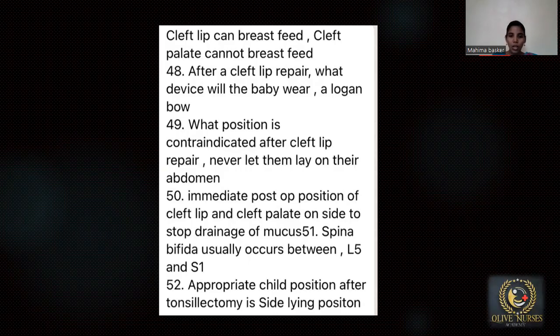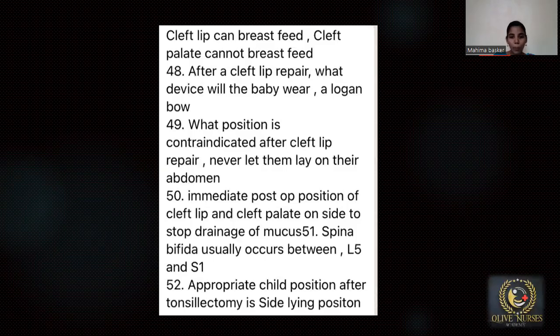Okay. Spina bifida usually occurs between where? It is L5 to S1. Okay, got the point? So we'll move on. Next one is the appropriate child position after tonsillectomy. Any surgery related to respiration and digestion, you have to remember: tonsillectomy, esophageal surgery, nasal surgery.